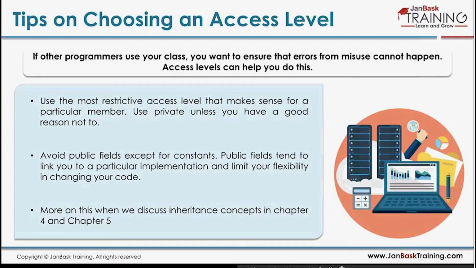Everything else should be private, and only expose as public those members which are part of your API, which will be used by somebody else, so that you don't expose your source code to anybody to misuse it.